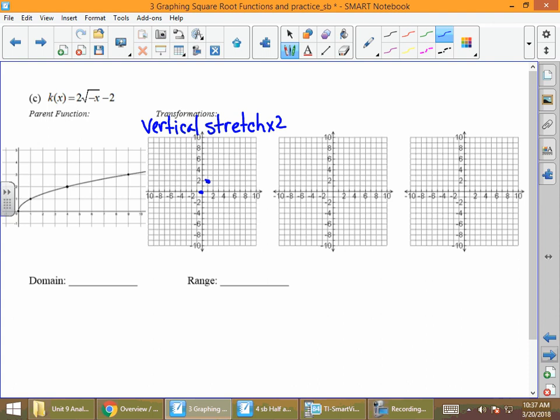And 4, 2 is going to become 4, 2 times 2, which is 4, 4. And 9, 3, 3 times 2 is 6, so this is going to become 9, 6. So here's our first stretch.